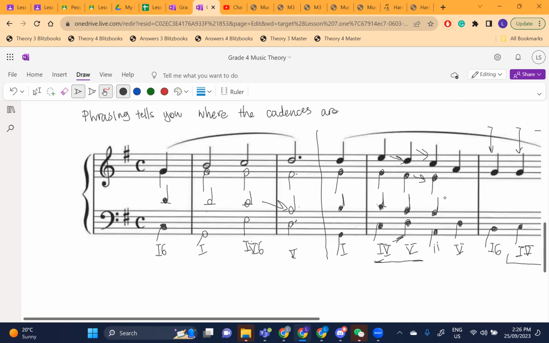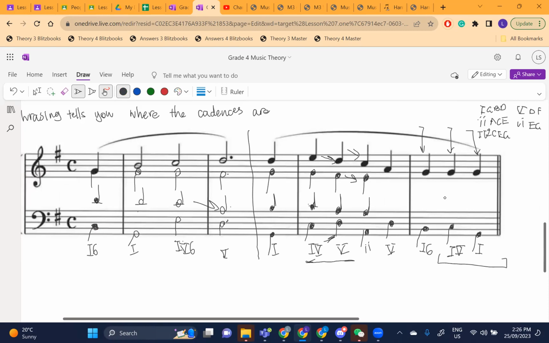So what happens if I do this and this like that? 1, 2, 3. That's technically not consecutive fifths or octaves, because the voices themselves aren't moving. So technically, that's fine.